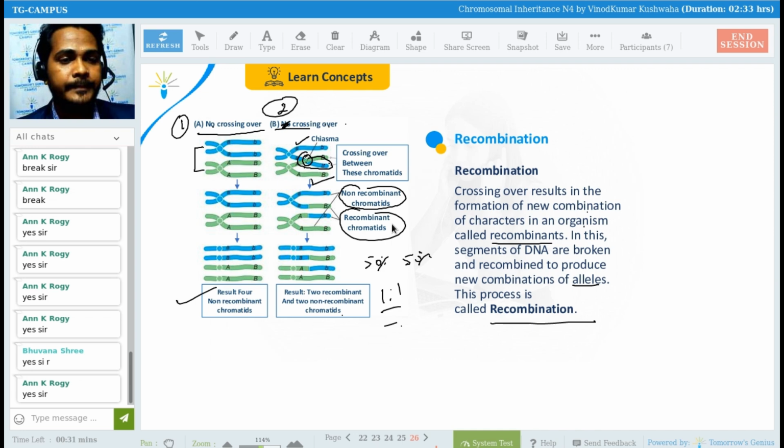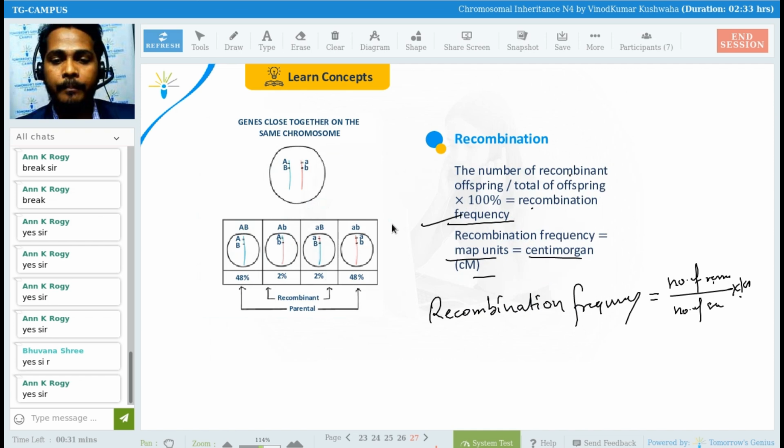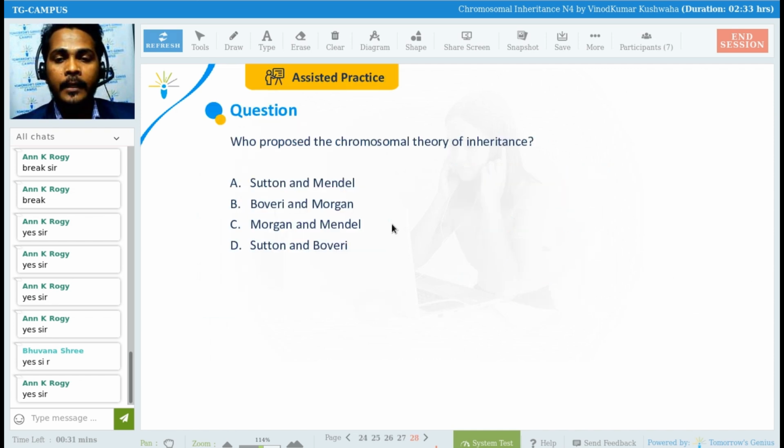Any other question? Okay, now the next part. Who proposed the chromosomal theory of inheritance? Sutton, Mendel, Boveri, and Morgan.